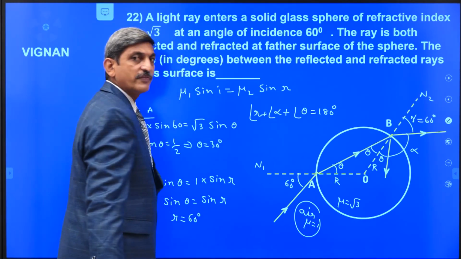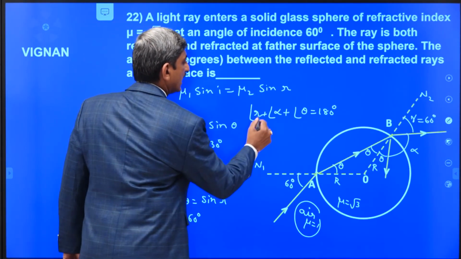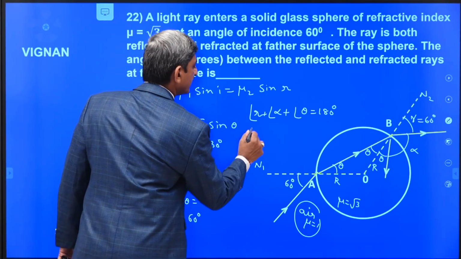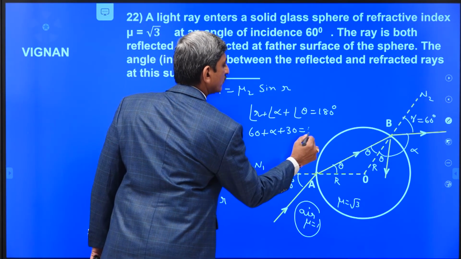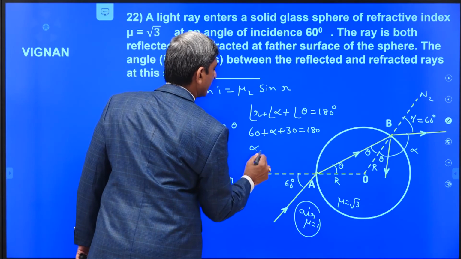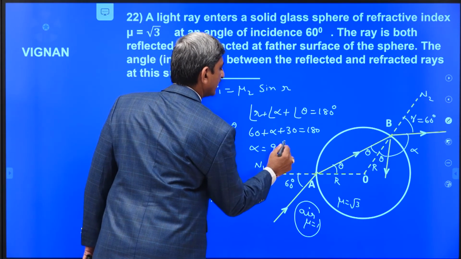Substitute their values and find out the alpha value. R is 60 degrees plus alpha plus 30 is equal to 180 degrees. From this we can write alpha is equal to 90 degrees.